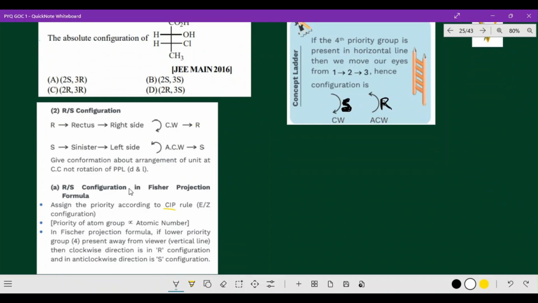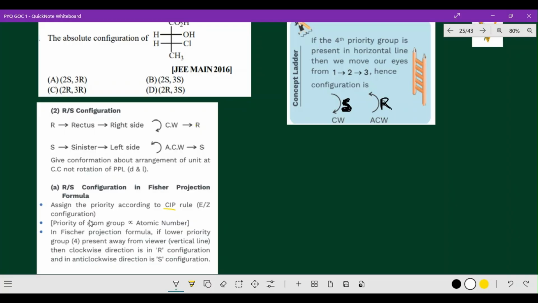Now how exactly can we go for this question? Let us go for the golden rule: R and S configuration in Fisher projection formula. Assign the priority according to the CIP rule. What is the CIP rule? Cahn, Ingold, Prelog. Those three scientists have given this golden rule, like E and Z configuration.